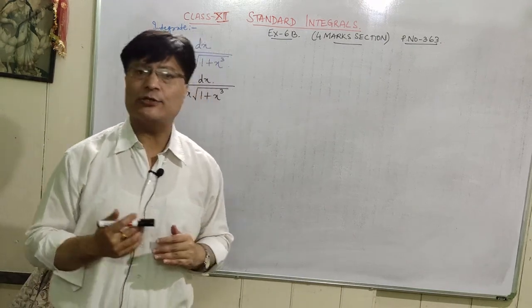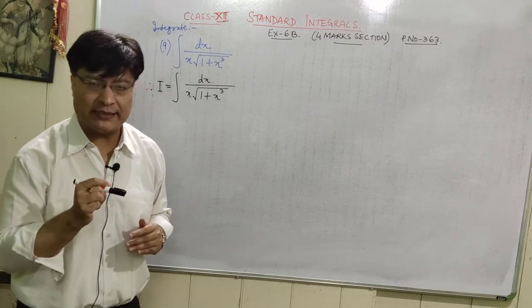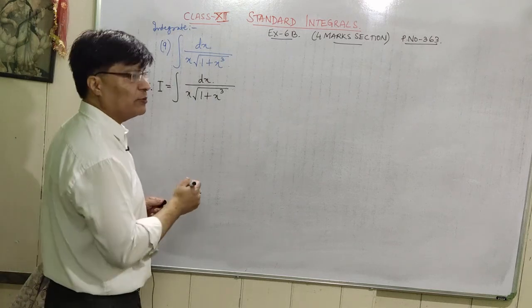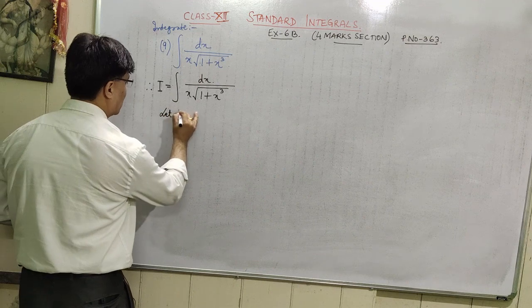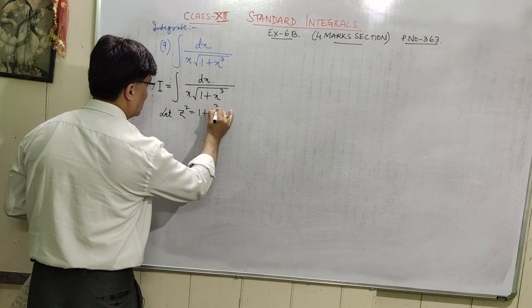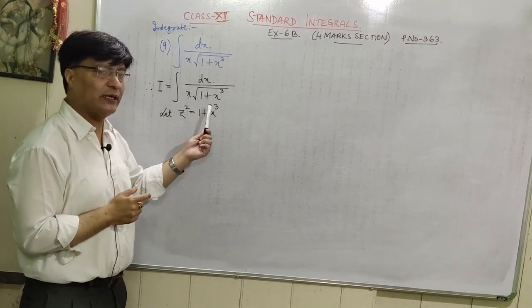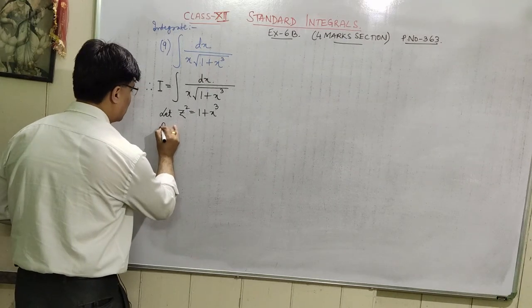So in this case also we can remove the square root from 1 plus x cube by writing 1 plus x cube as z square. So let us assume 1 plus x cube as z square. Let z square is equal to 1 plus x cube. So you have to differentiate it.